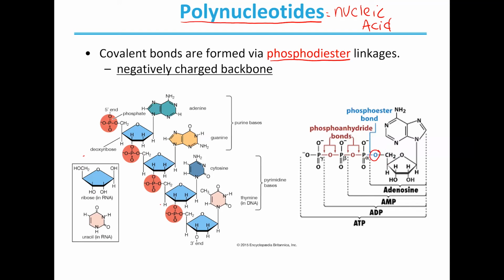And in particular, when it is linked to 2 carbons, like in our DNA molecule here, it's a phosphodiester bond. And when a phosphate is linked to another phosphate through an oxygen, this is called a phosphoanhydride bond. So 2 types of bonds utilizing phosphate that we will be seeing a lot when talking about nucleotides.